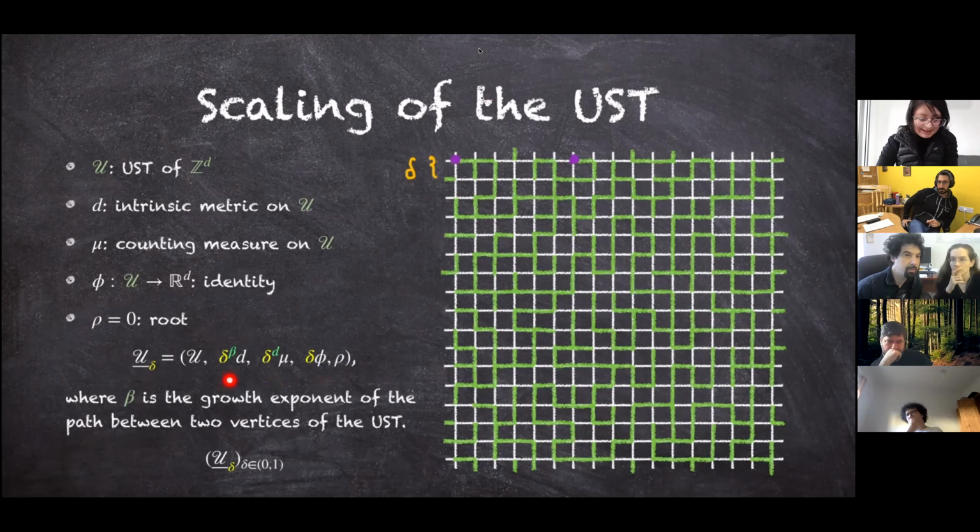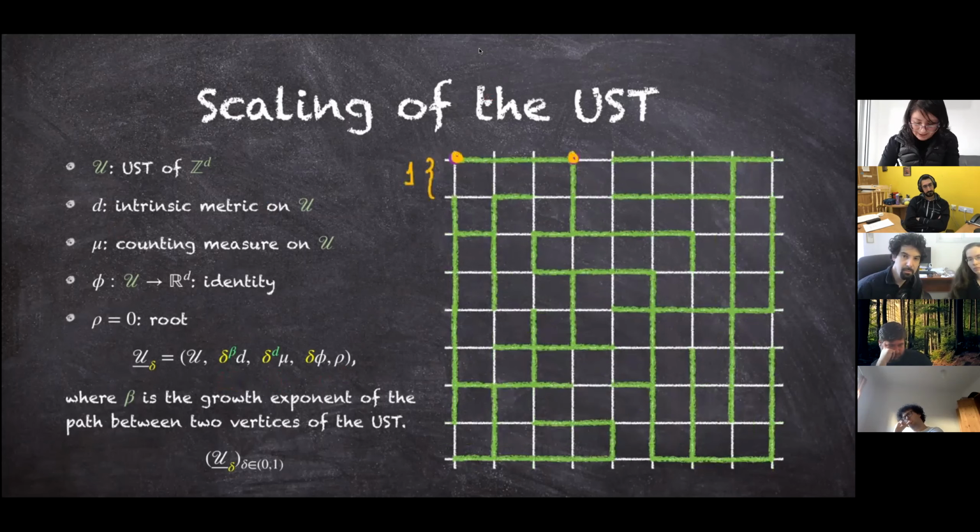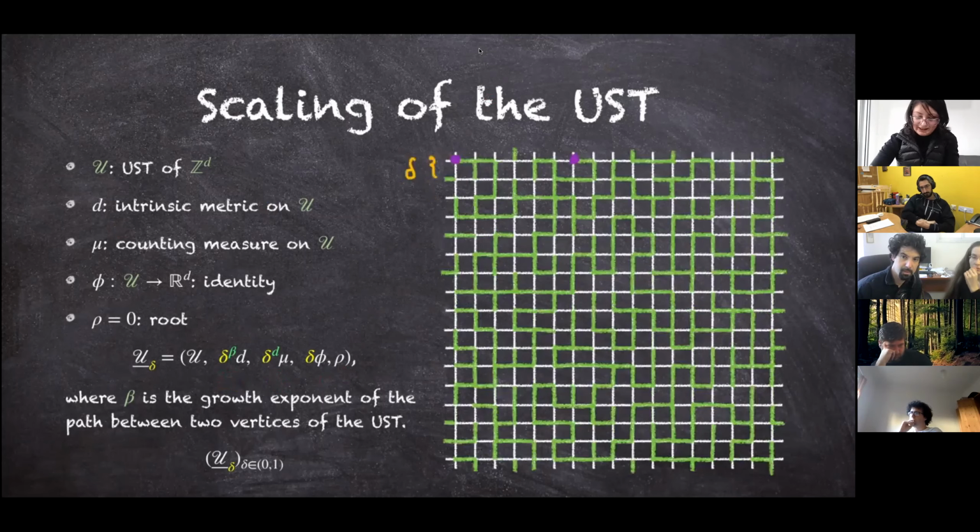And then I have the intrinsic distance, how this one is scaling. So how I can compare the path between these two points as I'm rescaling by delta is going to be a path like this. So this scales as delta to some exponent beta, where beta a priori is the growth exponent of the path between two vertices of the uniform spanning tree.